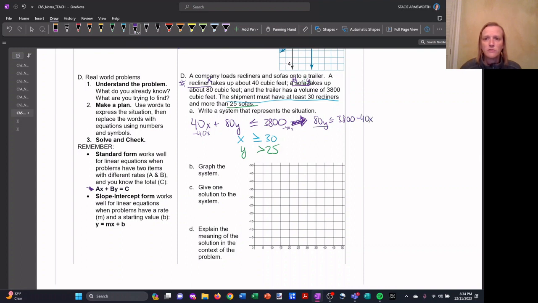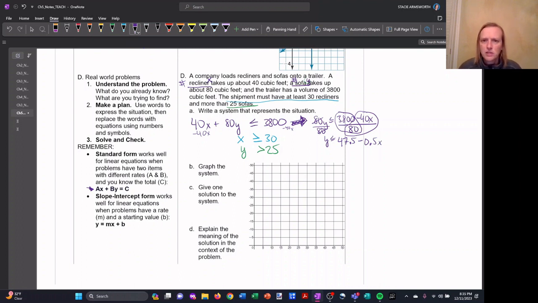Now I'm going to divide by 80, and you remember to use the distributive property: you have to divide each term in the subtraction problem by 80. When you do that, you get 47.5 as your y-intercept, and your slope is negative 0.5x.